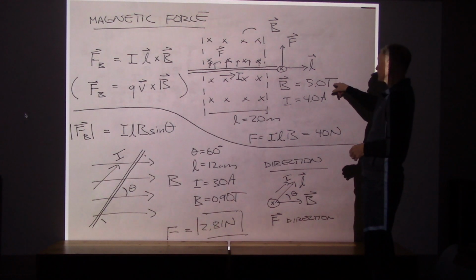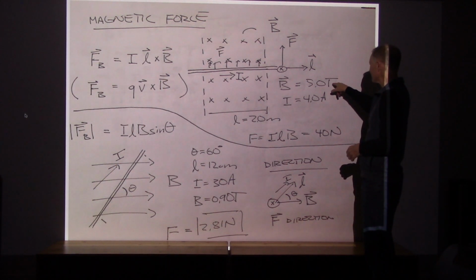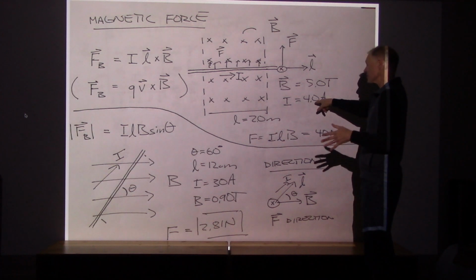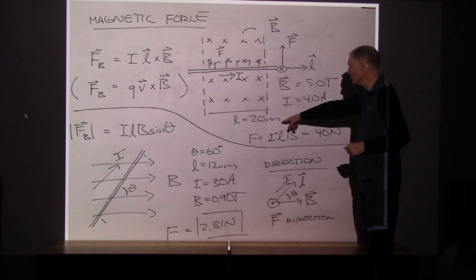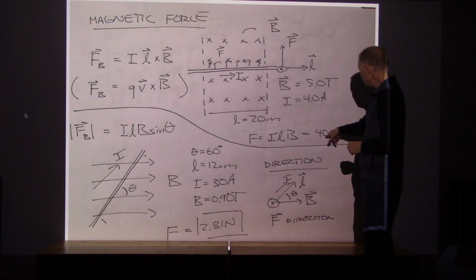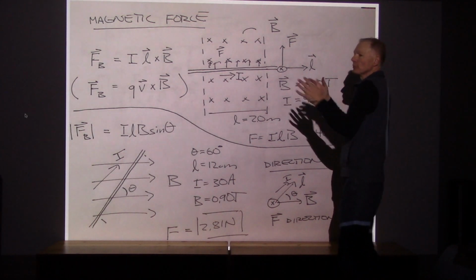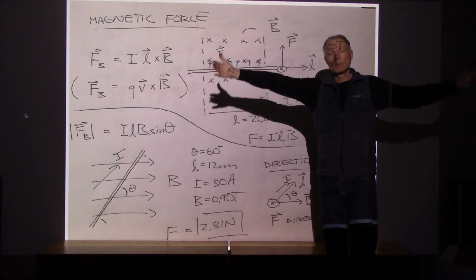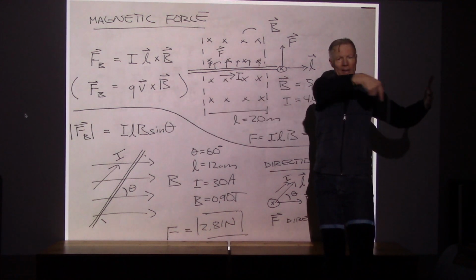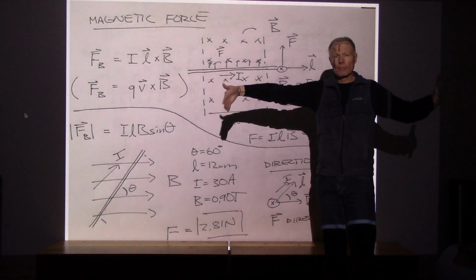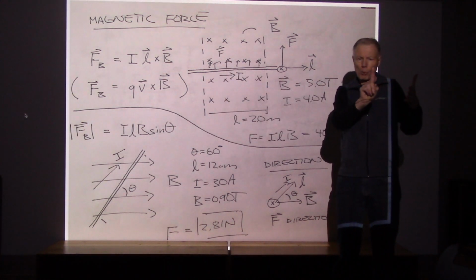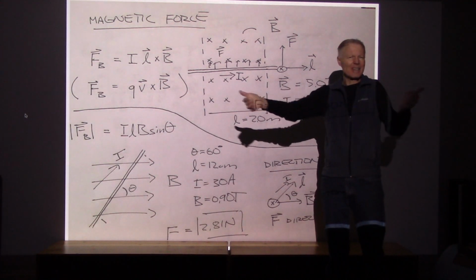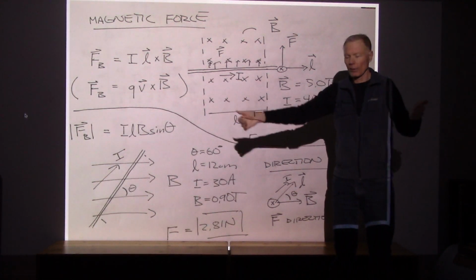Now that's a really large magnetic field, 5 Tesla is huge, and 4 amps is a pretty good sized current, and that's a pretty good length of wire. And this 40 newtons, 2 meters is going to be like this. So along that entire 2-meter length, I've got 40 newtons, and that force is evenly spread along the length.